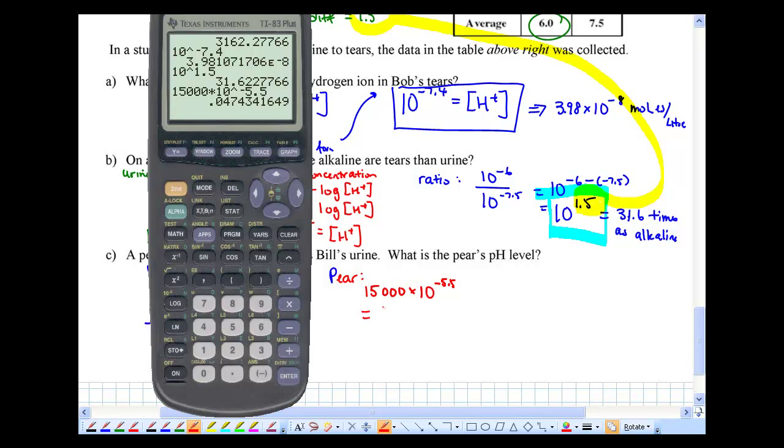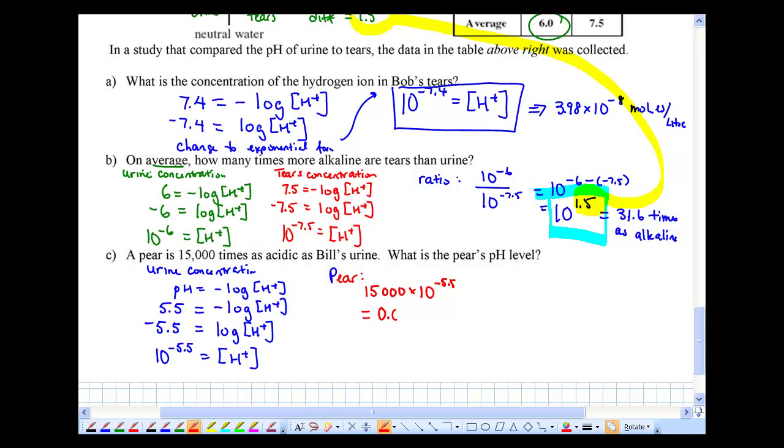That's not too bad, I guess. So 0.0474. So this is actually the hydrogen concentration of the pear.